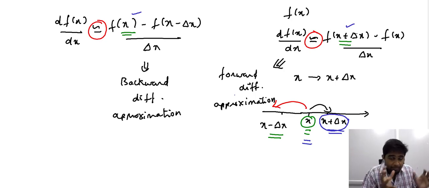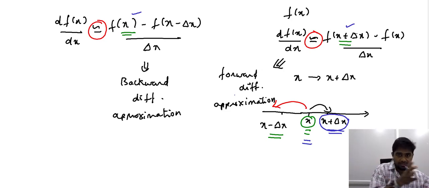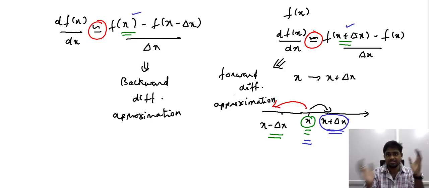We saw that in our previous lecture, it is possible for us to arrive at at least qualitatively identical answers. So we take a function, we consider a point in the backward direction, we consider a point in the forward direction, use these approximations, and we saw that it is possible for us to arrive at qualitatively identical answers. So this we saw in our previous lecture, we were able to arrive at the same form of the slope for a given function at a given point.